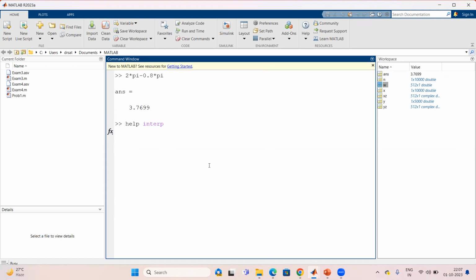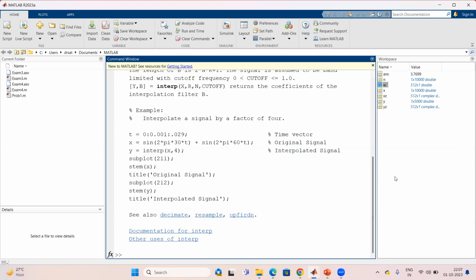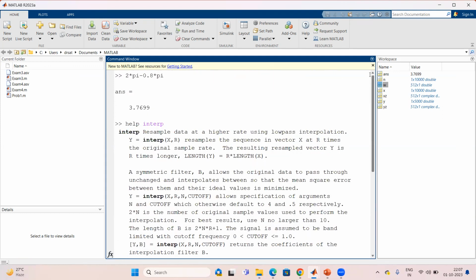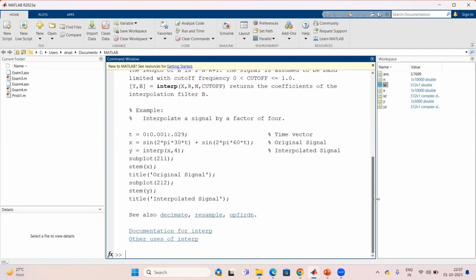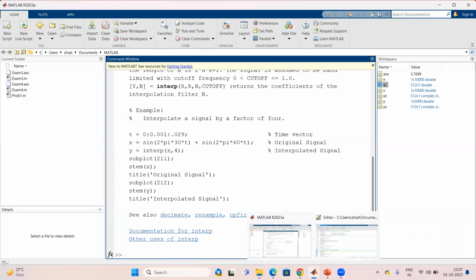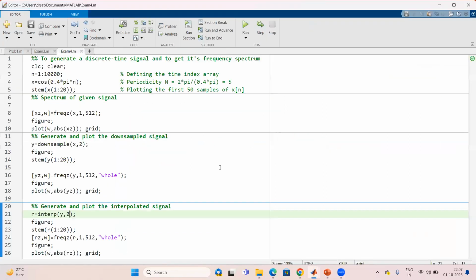You will see this explanation: interp resamples data at a higher rate using the low pass interpolation method. So it will try to interpolate the missing data, the missing samples. If we execute this, we will be able to show you this data.